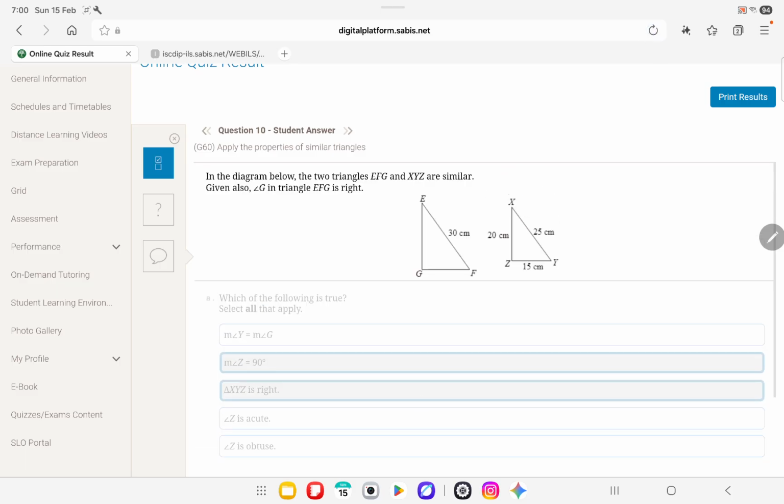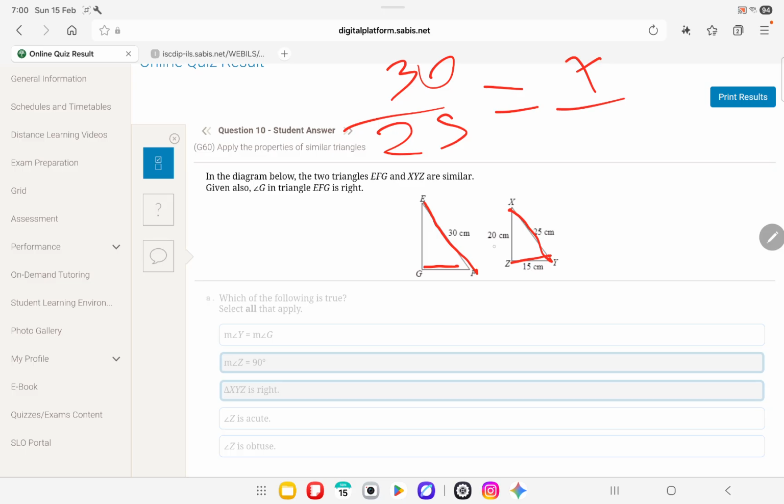Now we're looking for GF. So what do we do? EF over XY, which is 30 over 25, is equal to GF over ZY. So GF is x, because we don't know it, over ZY, which is 15.